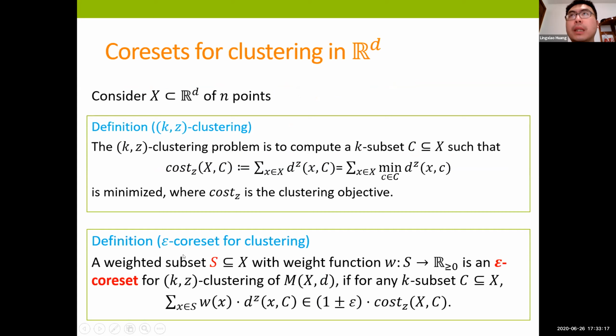An epsilon core set is a weighted point set such that for any k centers, we can compute a weighted clustering objective over the core set, which is always a good approximation for the clustering objective over the original data set. Note that this weight function is necessary.